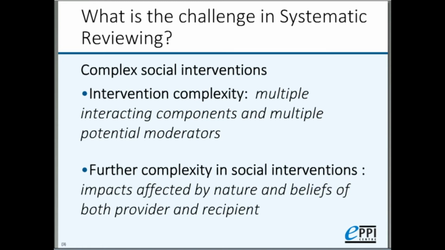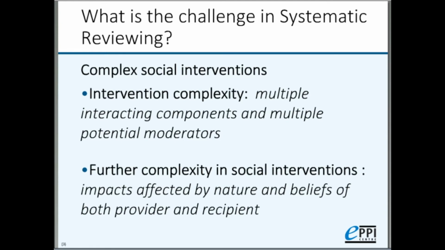Okay, so we thought we would begin with thinking through why we need to address complexity within systematic reviewing. Within systematic reviewing, and particularly systematic reviewing for public health, we cannot escape complexity.